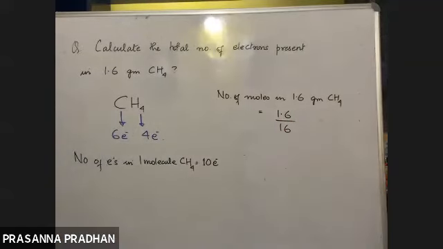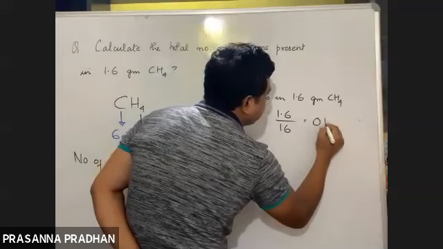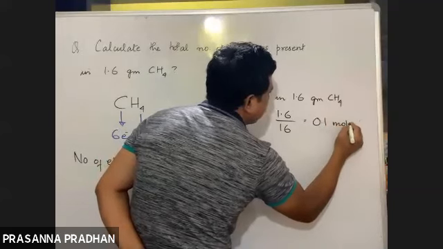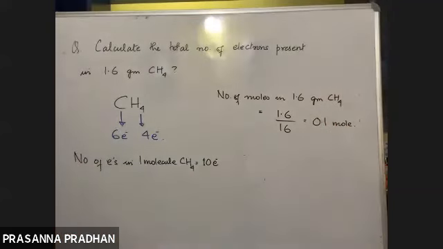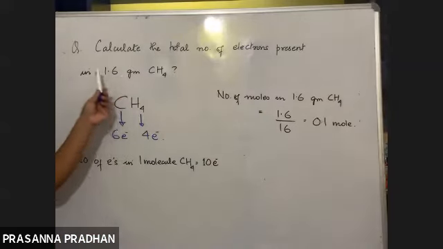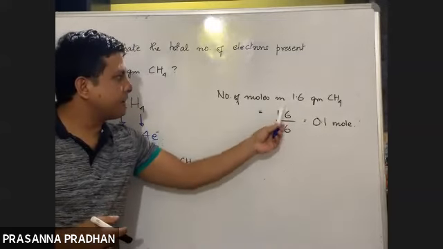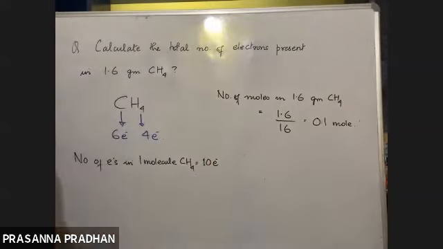It is equal to 16. Atomic mass of carbon is 12, 12 plus 4 equals 16. So 1.6 gram of methane means 0.1 mole. So indirectly you are being asked how many electrons are there in 0.1 mole of methane. 1.6 gram is equivalent to 0.1 mole.